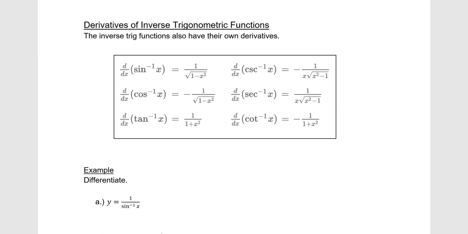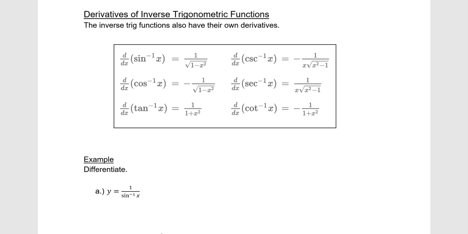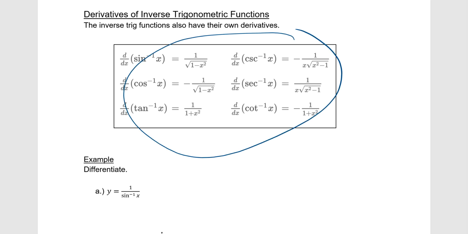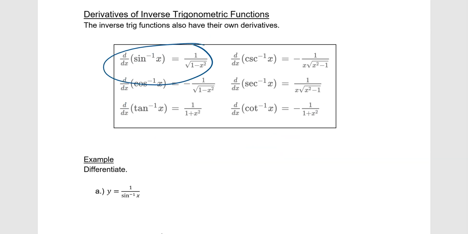It's the derivatives of inverse trig functions. So the inverse trig functions also have their own derivatives, and without going into detail of how we get them, here they all are. The derivative of sine inverse is 1 over the square root of 1 minus x squared. The derivative of cosine inverse is negative 1 over the square root of 1 minus x squared.